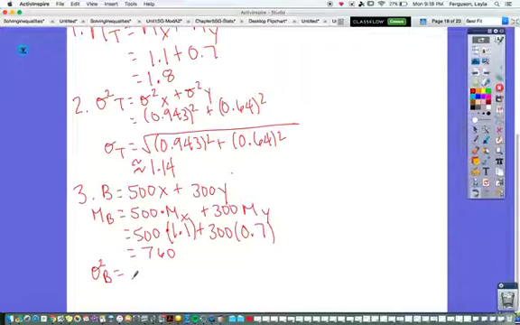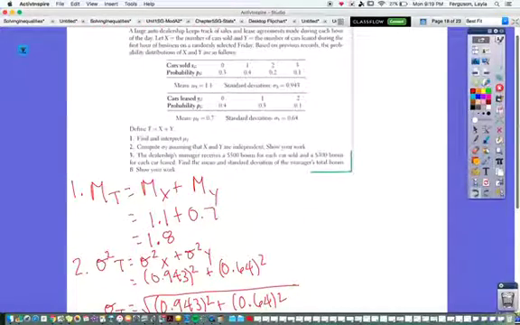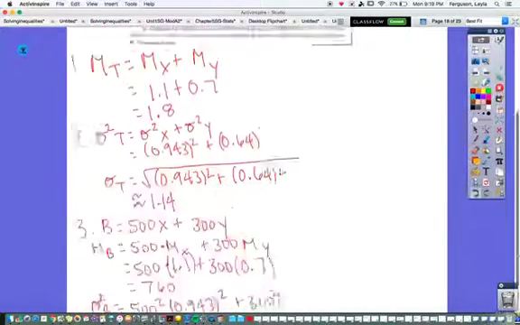So to find the variance for this problem, we're going to say 500 squared times the standard deviation, I'm sorry, for X, which was 0.943, which is what they told us up top. And that's going to be squared plus 300 squared times the standard deviation for cars leased, which was 0.64.